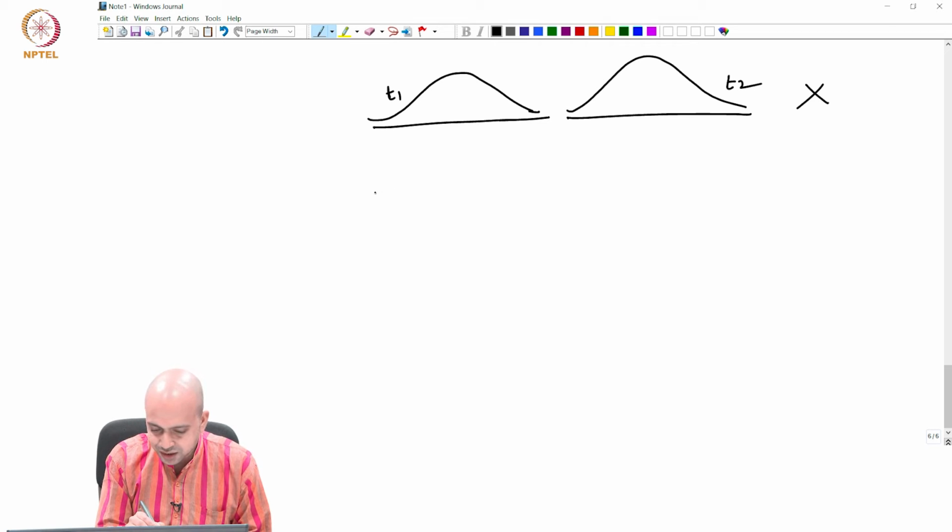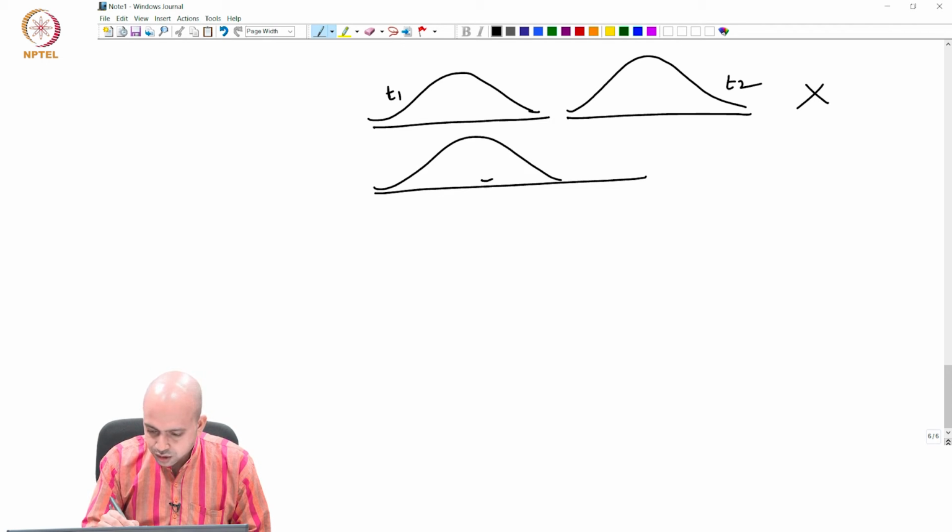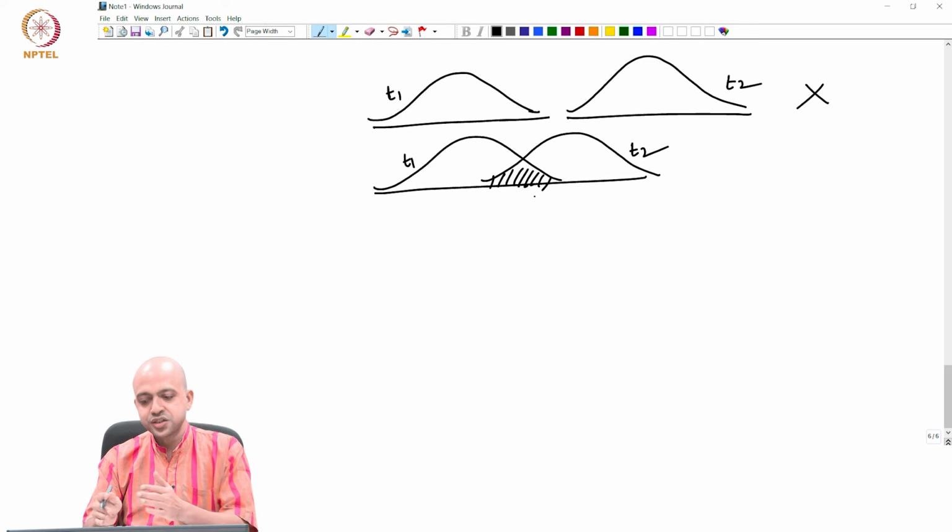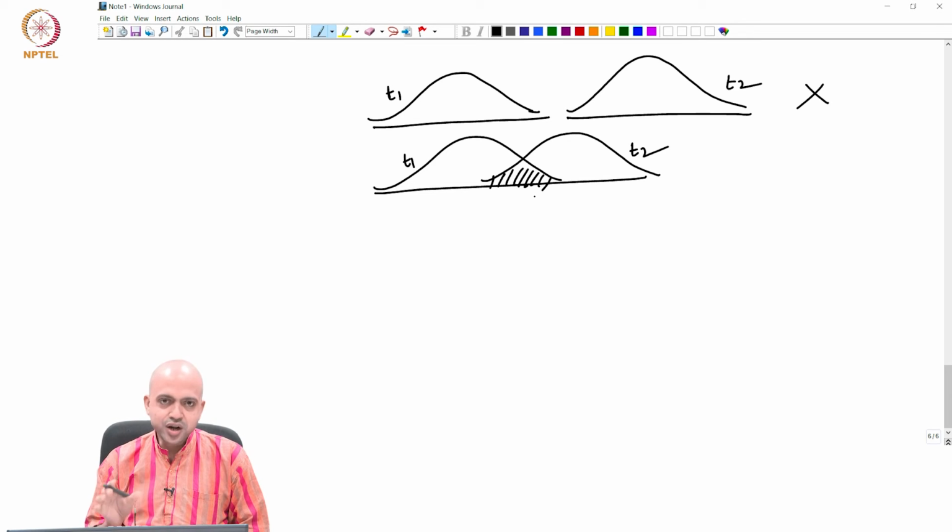Rather, in reality, this is T1 and this is T2, and this is the overlapping area, because these intervals are constructed based on the same sample.